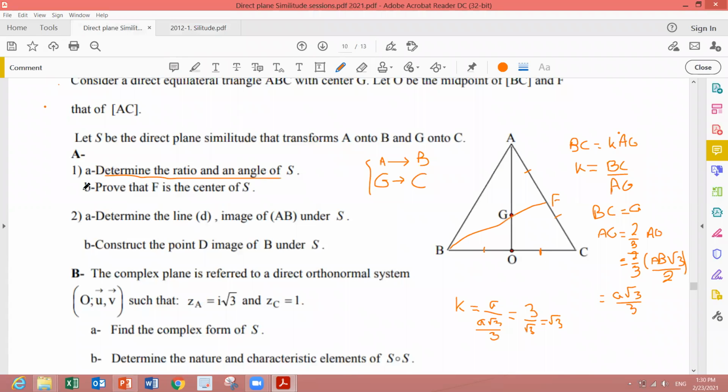Part B. Prove that F is the center of S. How to prove that F is the center of S?